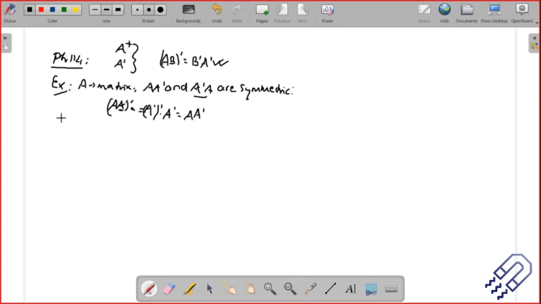Maybe one more example we can take about Hermitian and skew Hermitian. What you have to prove is that A plus A dagger, A A dagger and A dagger A are Hermitian.